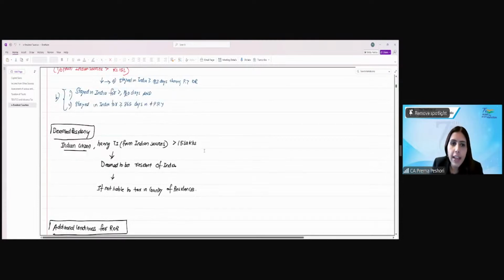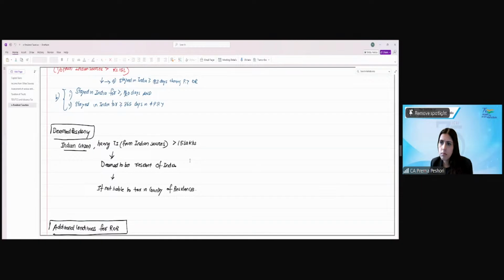It is saying that if you have Indian income more than 15 lakh, and you're not liable to tax in the other country, you'll be considered as deemed resident. It doesn't say that up till 15 lakh, we'll not tax your income. Up to 15 lakh, you'll be considered non-resident. It's not that we are saying it will not be taxable.